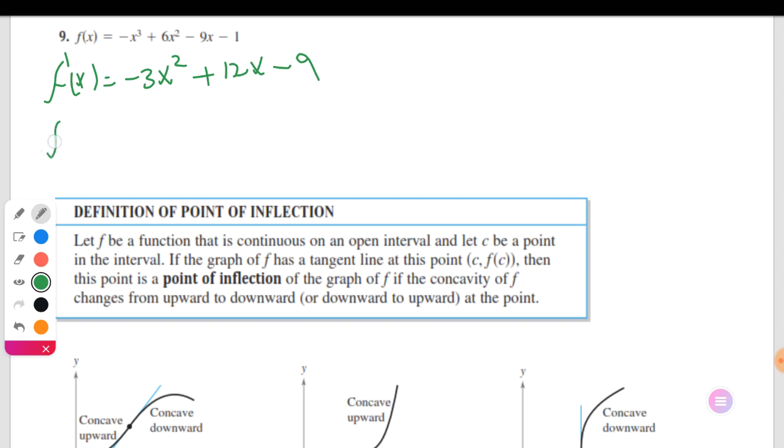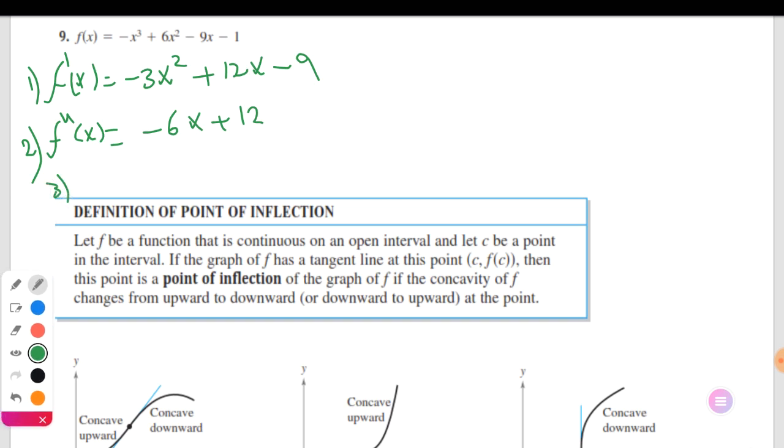Then find the second derivative to find the concavity. I have to follow the steps. It will be negative 6x plus 12. Then the third step, find the zeros of the second derivative. Negative 6x plus 12 equals 0 implies x equals 2.